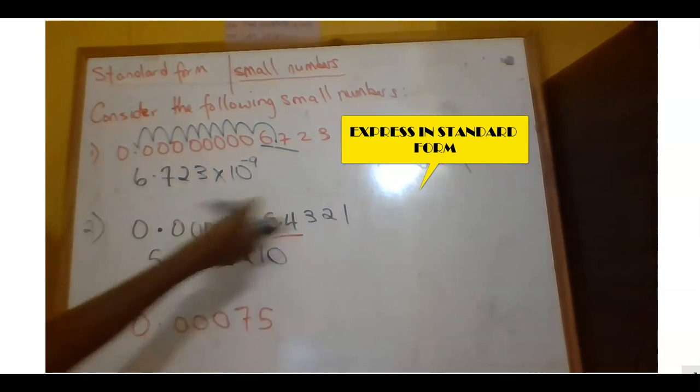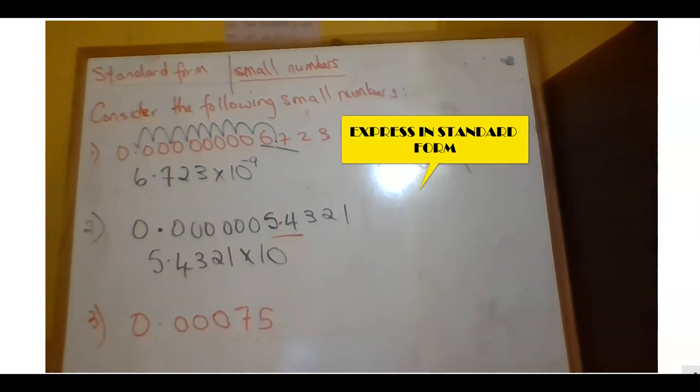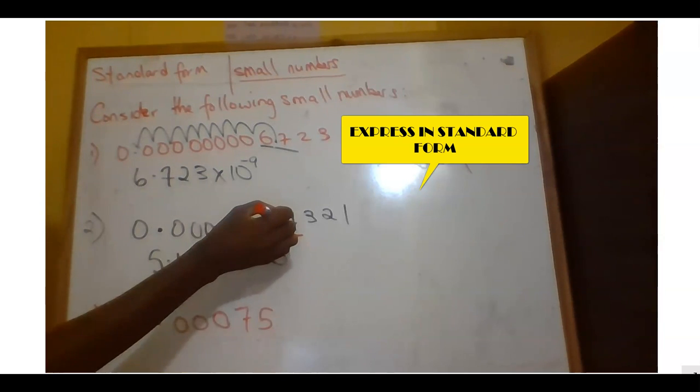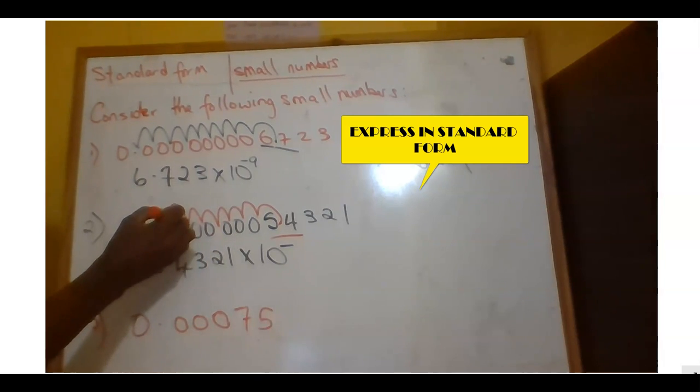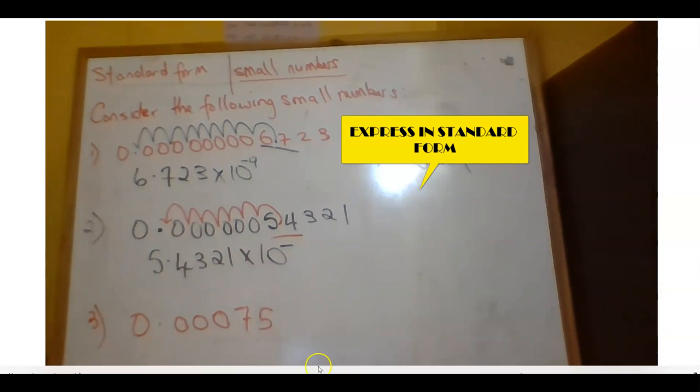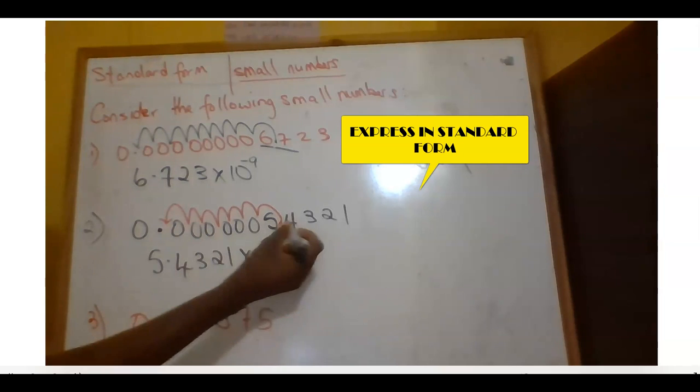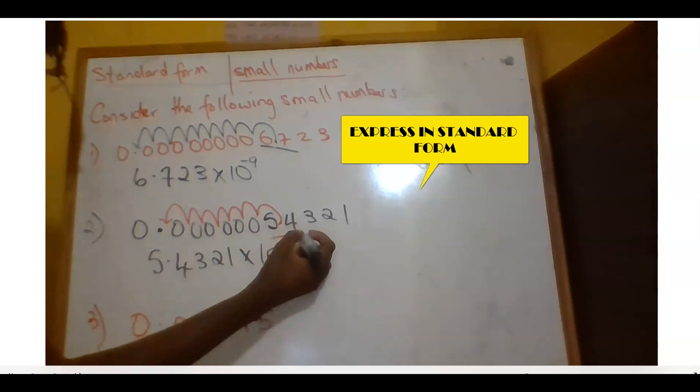And because it's a small number, we know that our point is actually going to the left. That means that our power will be negative. So now we just need to know how many places to the left. So we're moving 1, 2, 3, 4, 5, 6, 7. 7 places to the left. So that's times 10 to the negative 7.